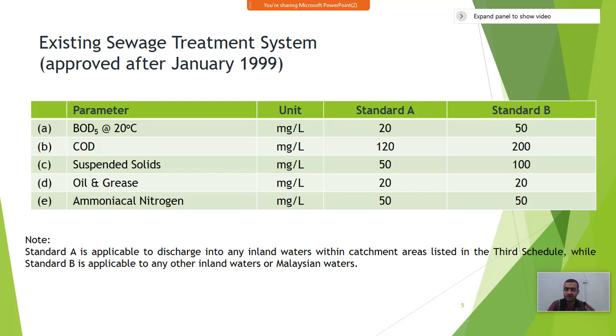These are restricted areas with restricted usage. We need to save them from any pollution. We need to protect them from any human use or human pollution, so that's why standard A has to be followed strictly. While for other waters like running rivers, open sea, open oceans, those can follow standard B without any problem.